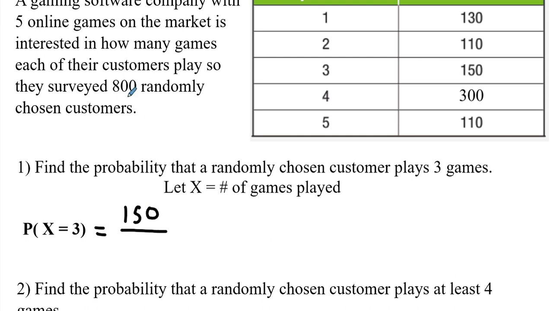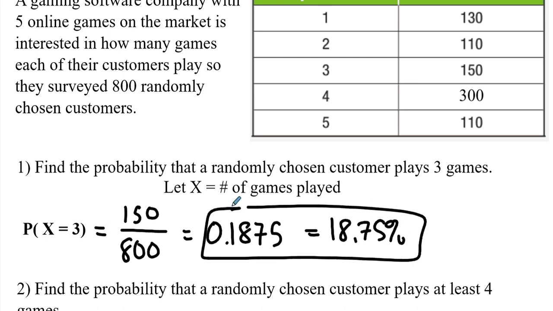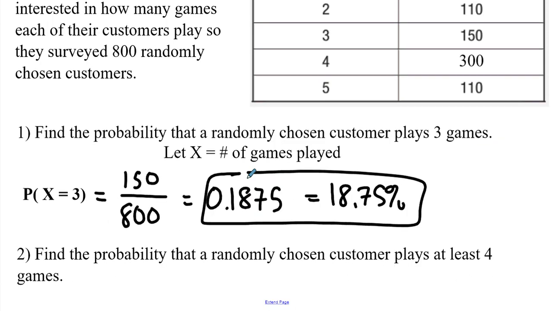You know it's 800 because I said 800 people were surveyed, or if you add up all of those totals, 130 plus 110 plus 150 plus 300 plus 110, it equals 800. So 150 out of 800 play 3 games, and that's 0.1875, an 18.7% probability. So about 19% of their customers play 3 of their games.